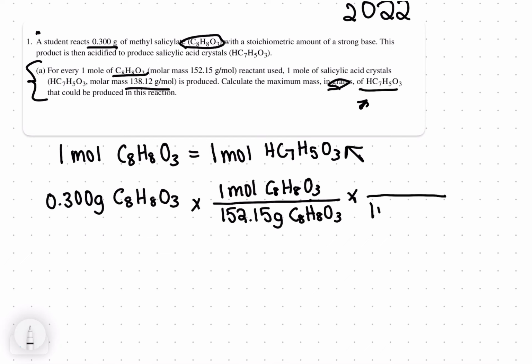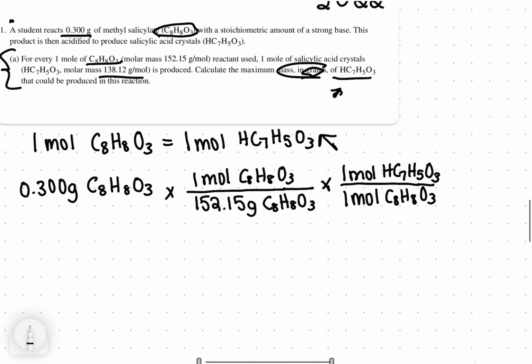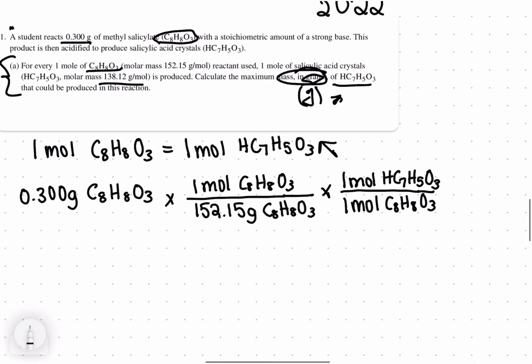So in every 1 mole of C8H8O3, we have 1 mole of HC7H5O3. Okay, and then now we want, remember, mass in grams. Mass in grams, right? So we need the molar mass of HC7H5O3, which is given right here.